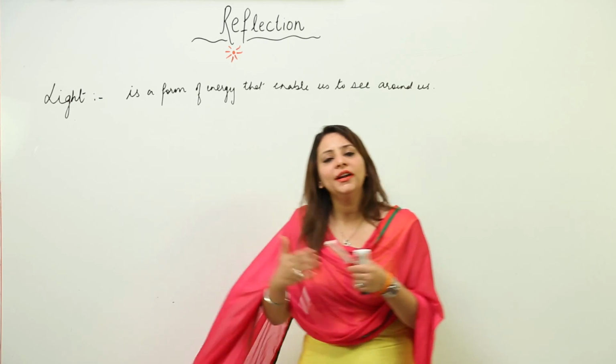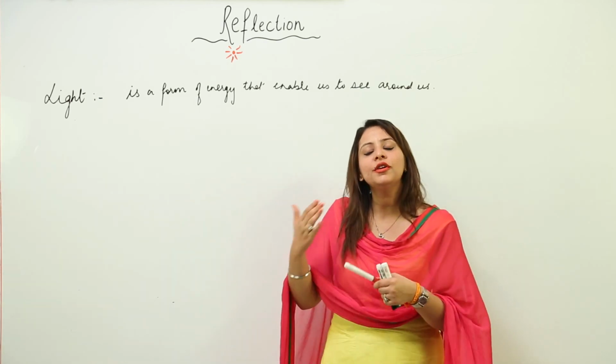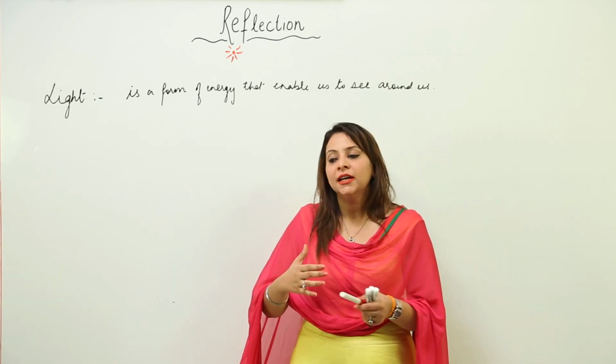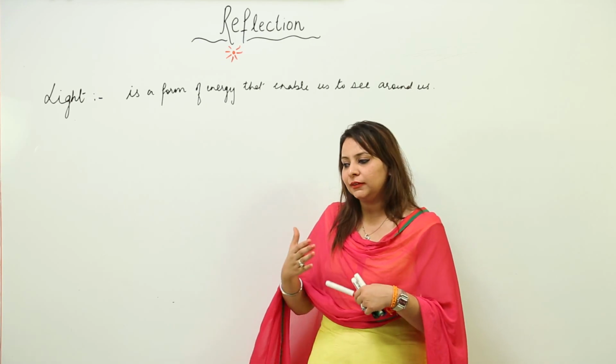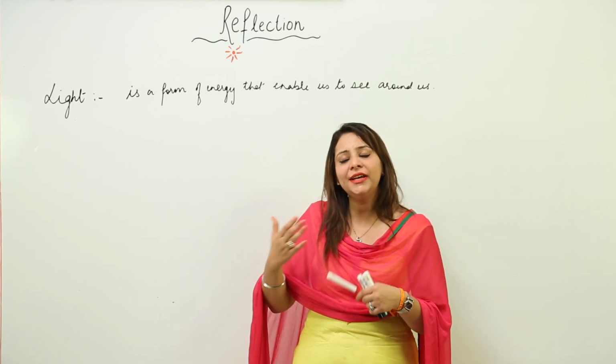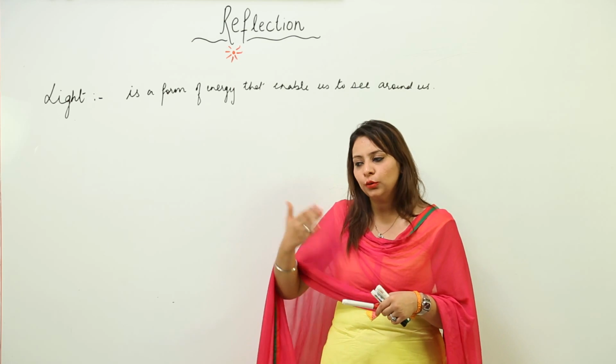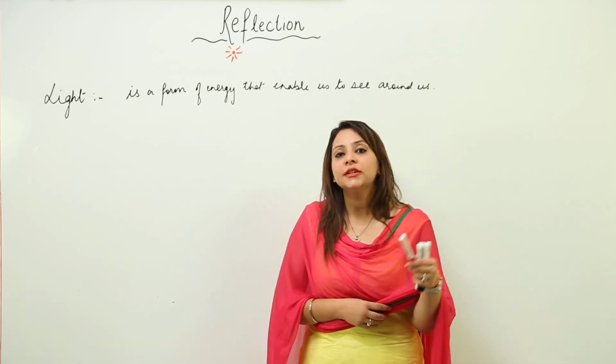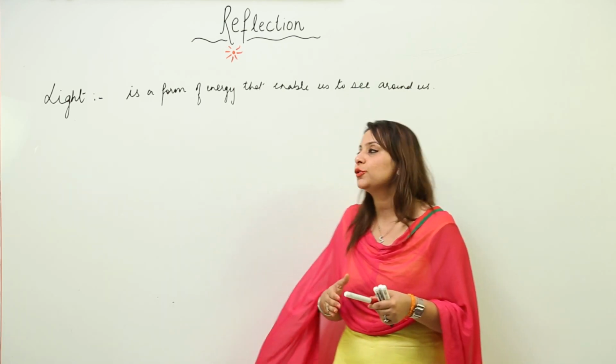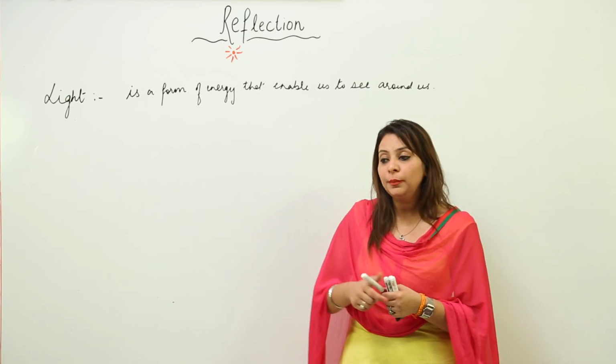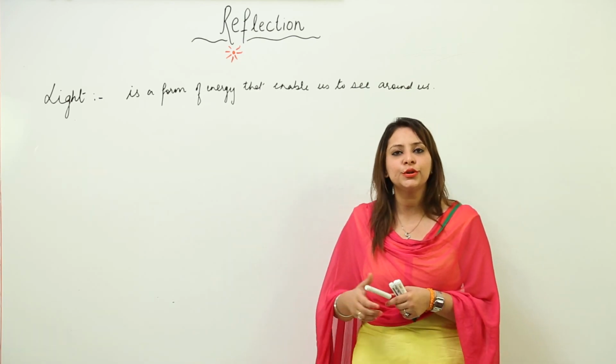Now we'll modify the definition, because as you go into a higher class, I want my students to increase their level as they go from one standard to another. That is why I want you to know another, technical definition which is used for light.